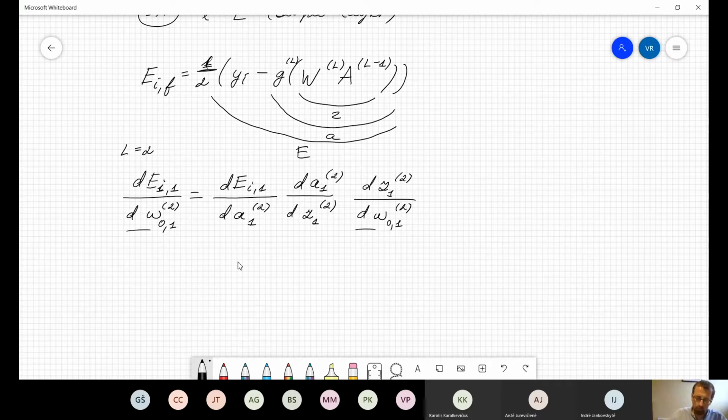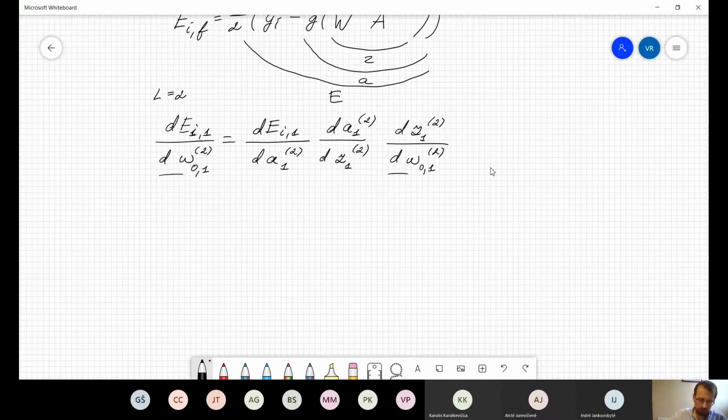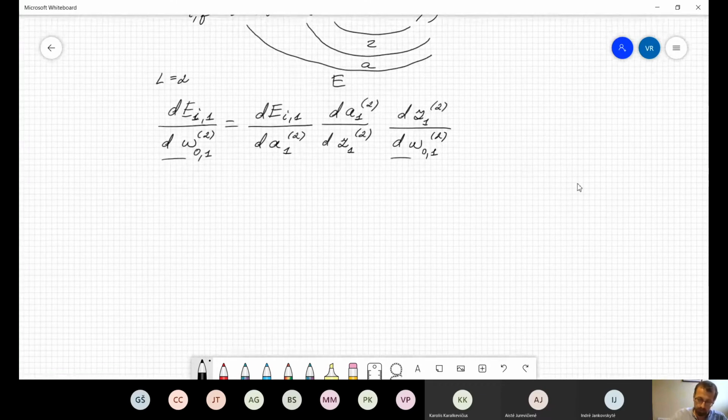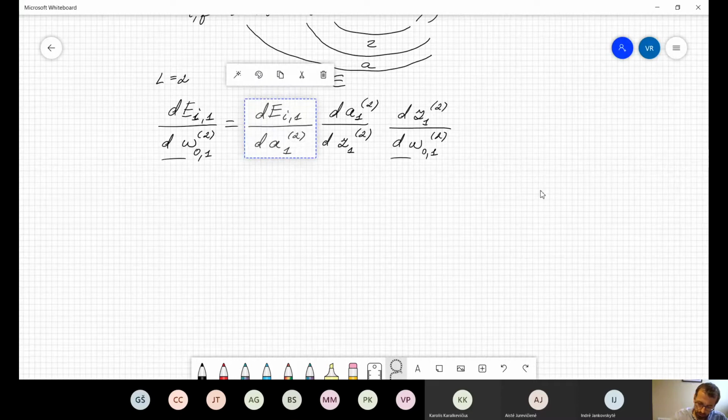Now we can look into each part separately, and then put them all together. Basically the first part is just the derivative of this guy. Let's copy it. I have the technology on my hands.